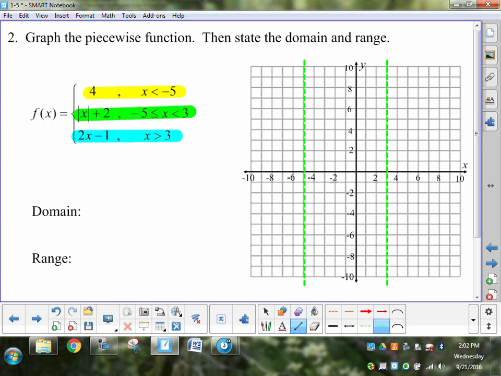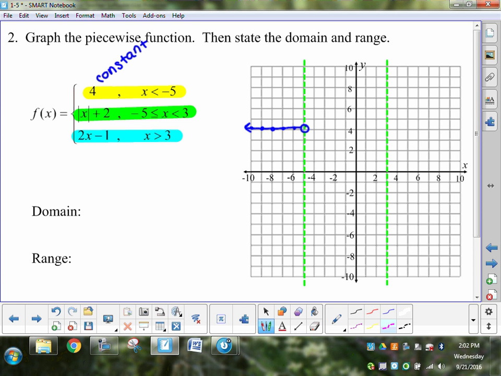It extends forever to the left, so it goes here and continues on. And Spencer, is this an open circle or a closed circle at the transition point? So I'd extend this out. This right here is a constant function, meaning it's constant.